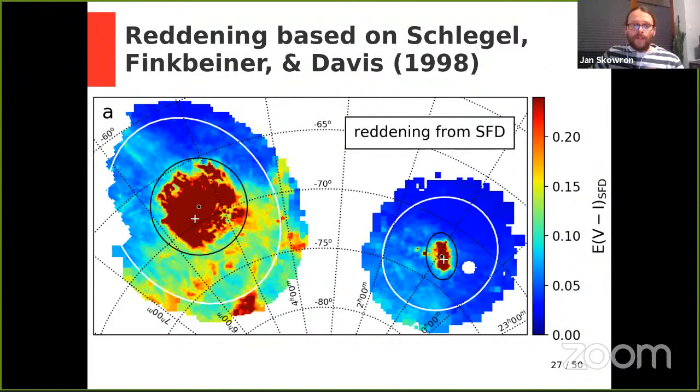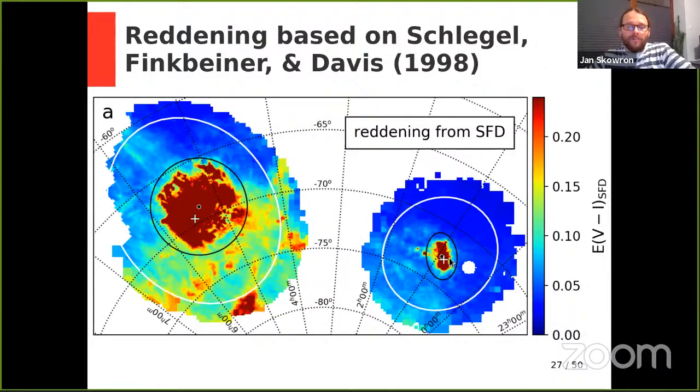So what we can see is that in the LMC disk, we have these clumps of dust that are obscuring the view of the LMC, and we know that these are the foreground dust clouds. But an interesting thing is happening in the center of the galaxies.